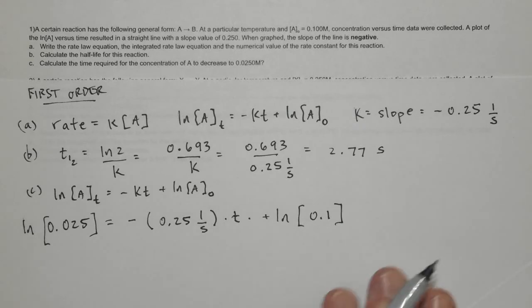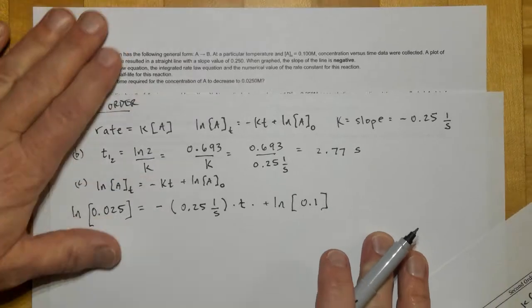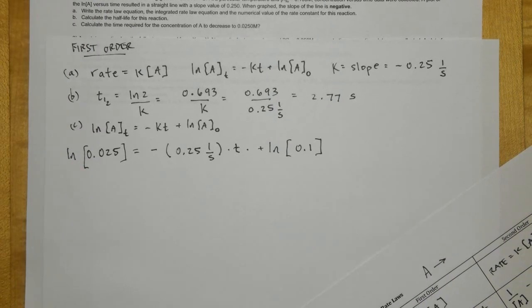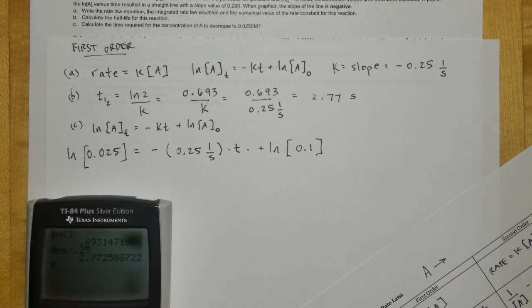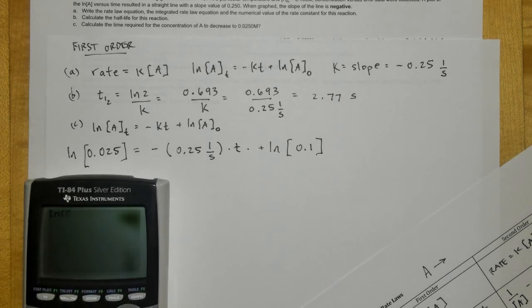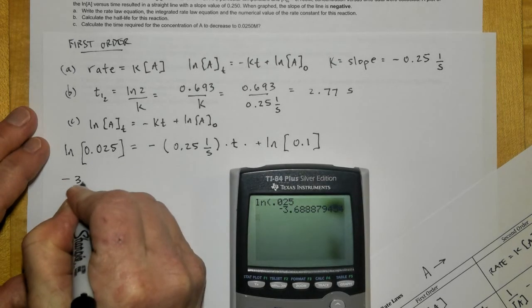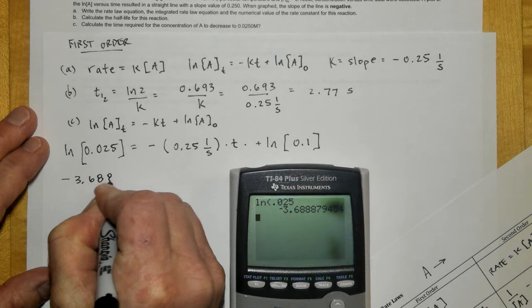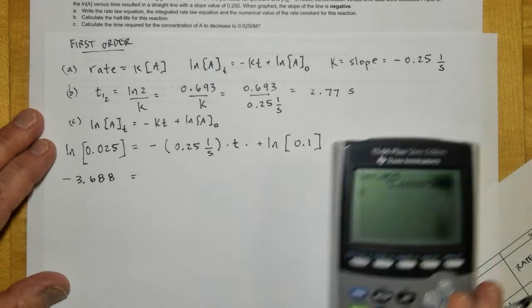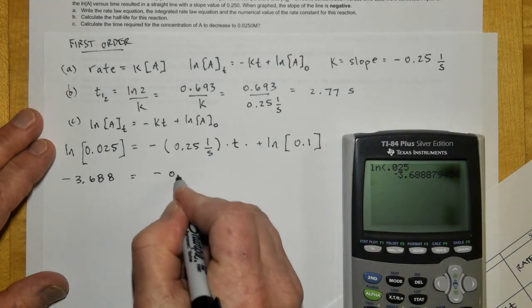All right, now a bunch to put into our calculator. I'm going to zoom out just a little bit so you can see the calculator at the same time. Let's do the natural log of 0.025, and I've got negative 3.688. Over here I'll still have my negative 0.25.